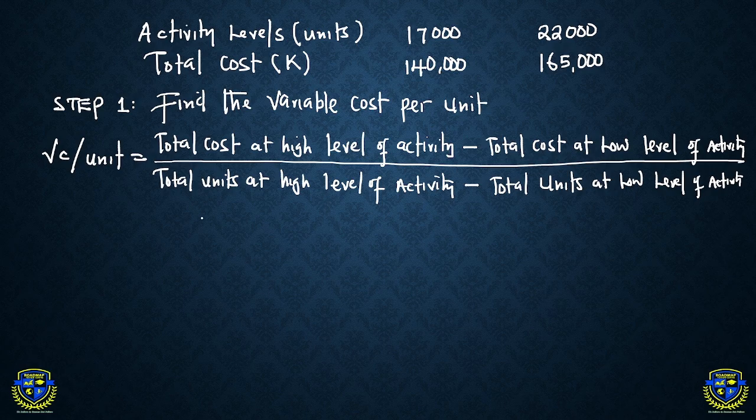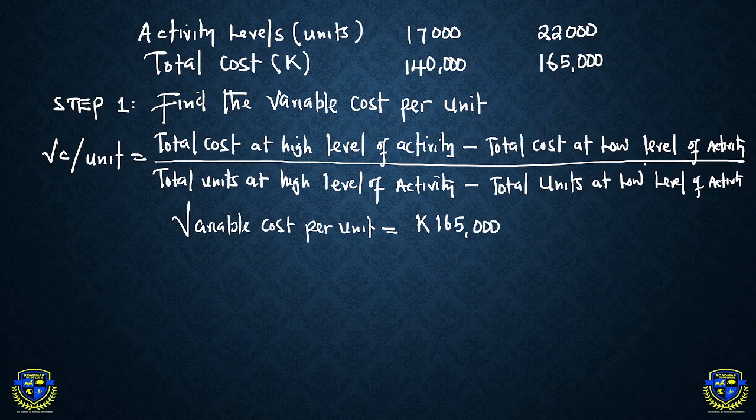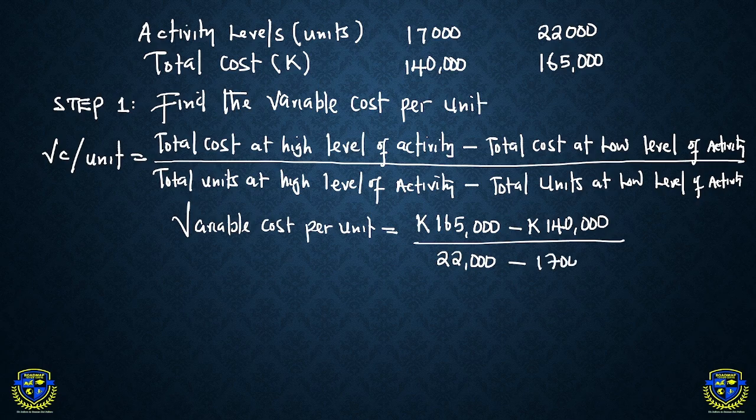Okay, so our total cost at high level of activity, it is the 165 there. Then total cost at low level of activity, it is the 140. Then the respective units for 165, it is 22,000. Then for 140, that's 17,000.